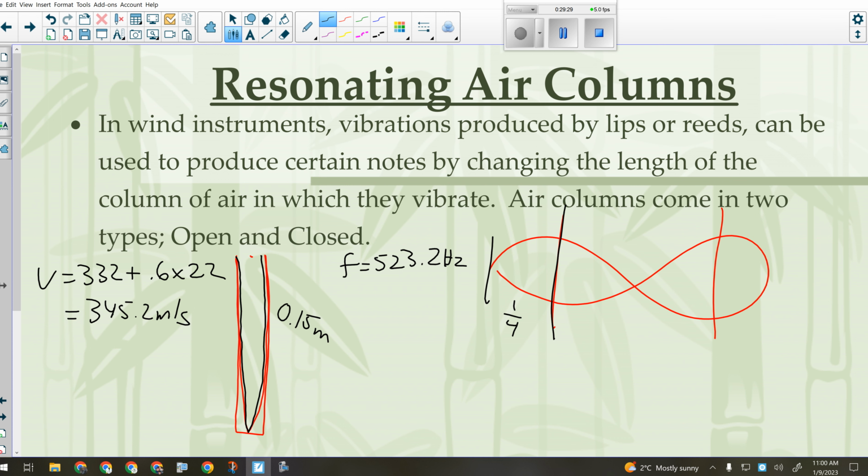So for my next resonance point, I should have 3/4 of a wavelength in the tube, which should be how many times longer than this? 3 times. So about 45 centimeters.